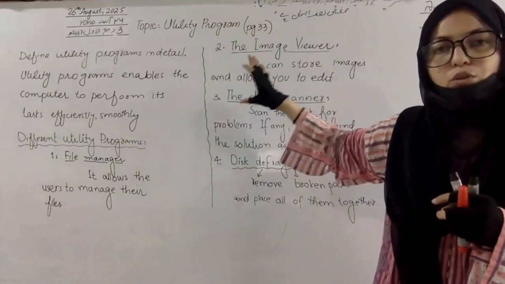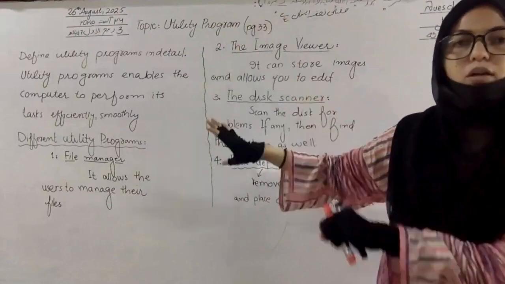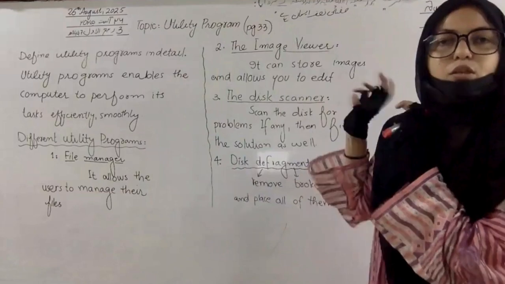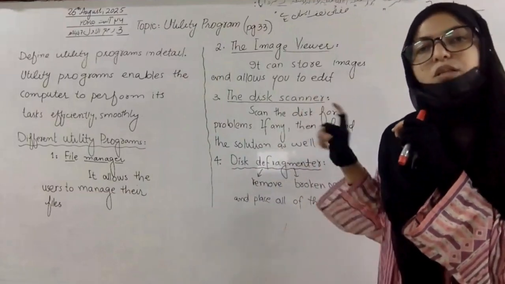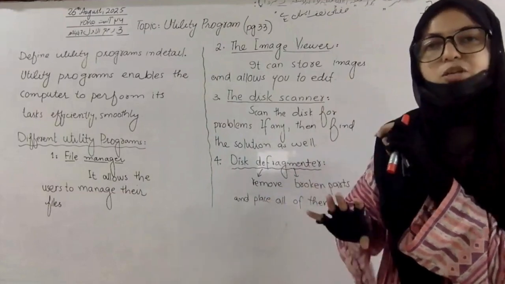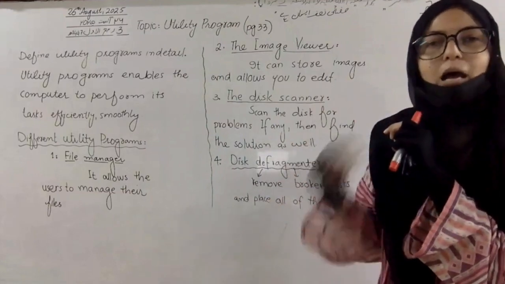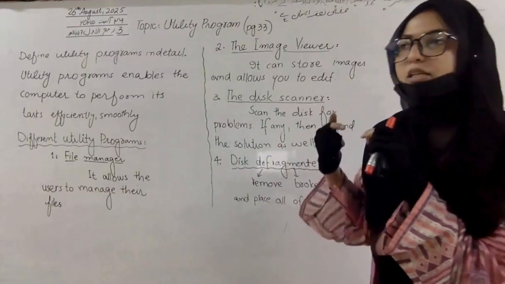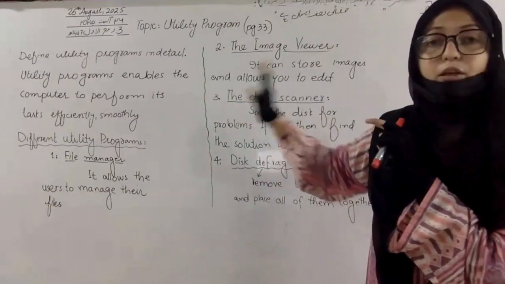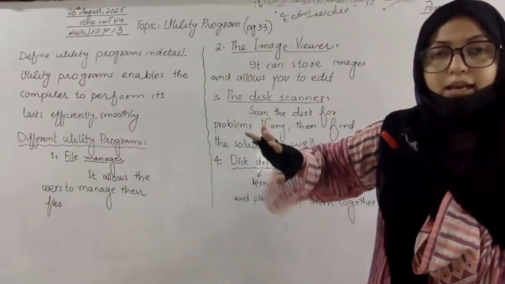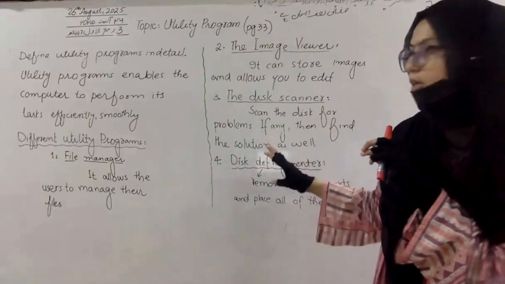If the user wants to do anything, the user can do their work efficiently or smoothly. I have told you the difference between the utility programs and the application programs as well. Application programs are the apps designed for the users to do their everyday tasks. But the utility programs are used in the backend, so the users can do their work efficiently.